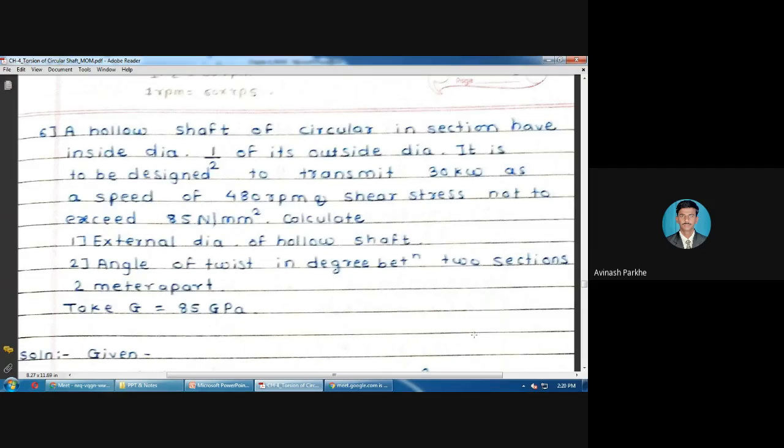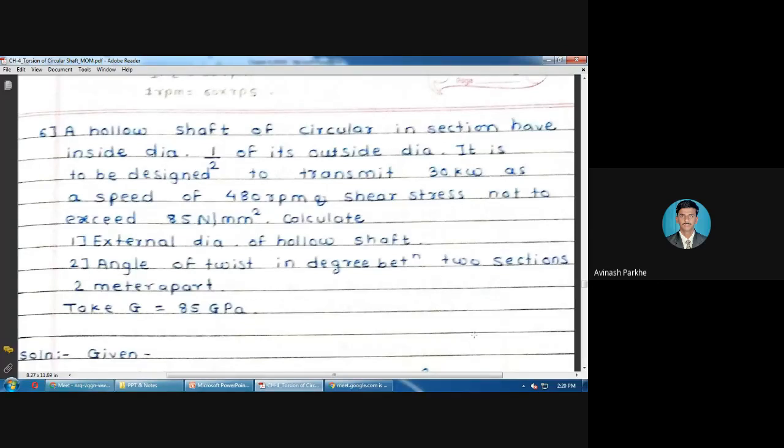It is to be designed to transmit 30 kilowatt at a speed of 480 RPM. The shaft has been designed to transmit the power of 30 kilowatt at 480 RPM, and the shear stress not to exceed 85 Newton per mm square.